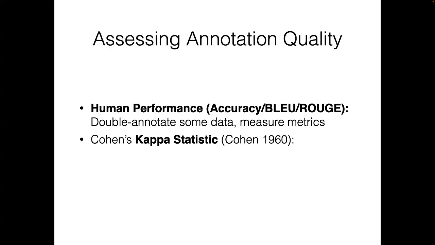Okay, and then for annotation quality, sometimes you could have some data and annotate it twice and look at whether there are a lot of disagreements on a small amount of data.